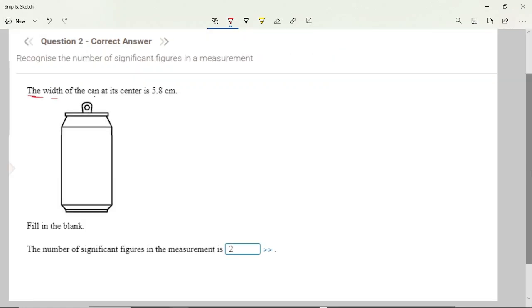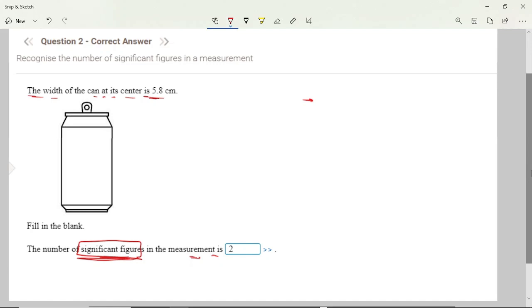The width of the can at its center is 5.8 centimeter. Fill in the blank: the number of significant figures in the measurement is blank significant figures. To determine the significant figures, we have some rules that we will follow.